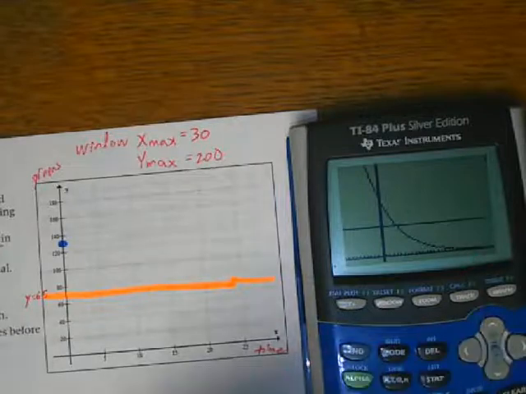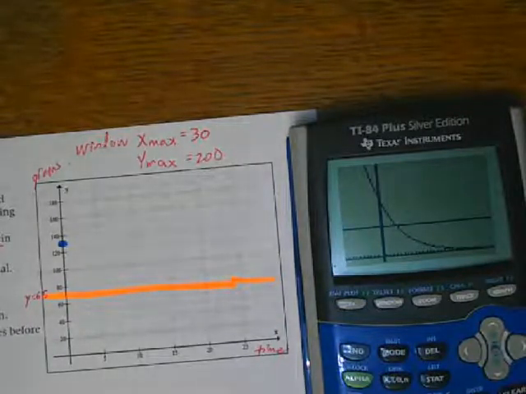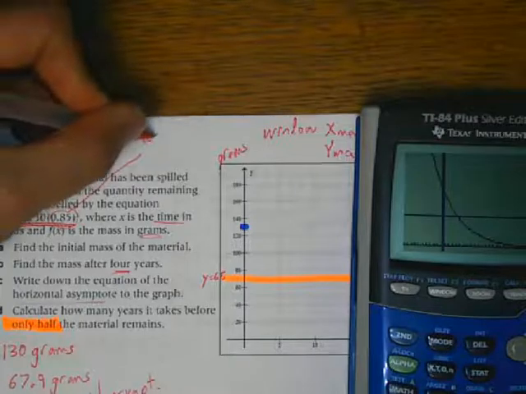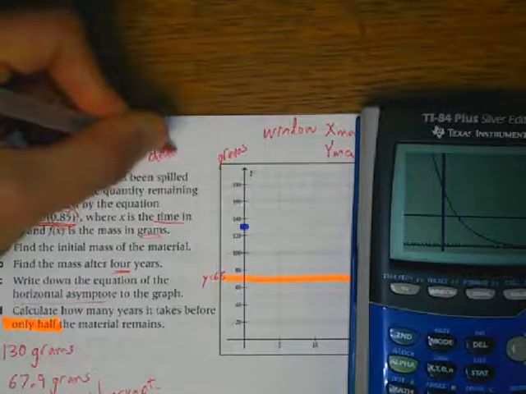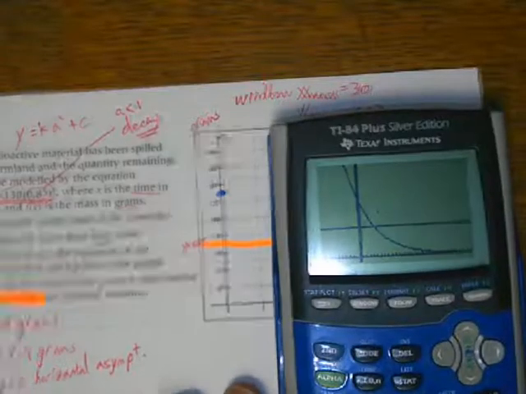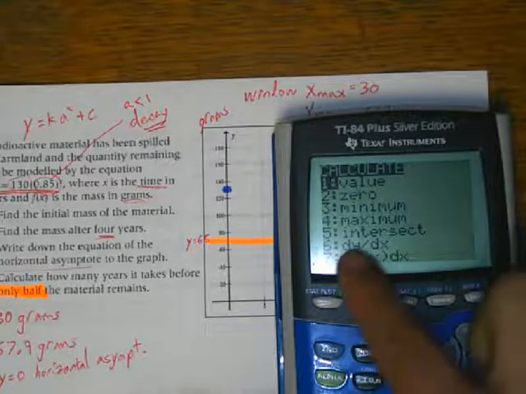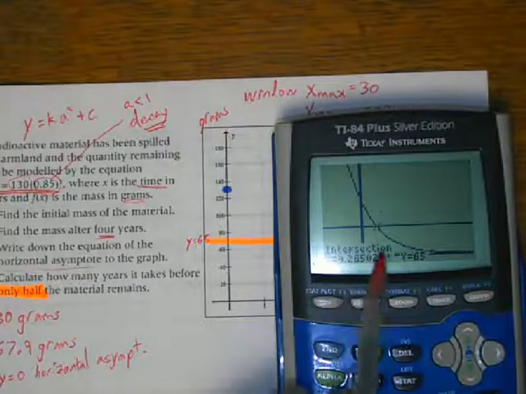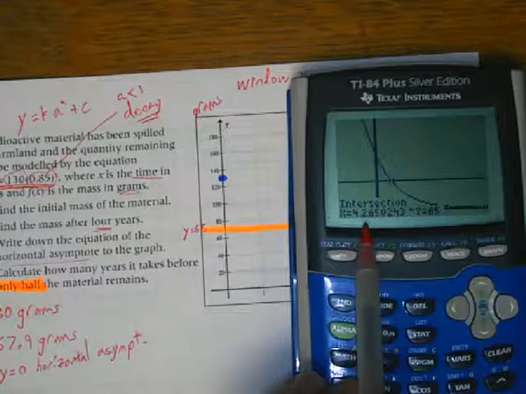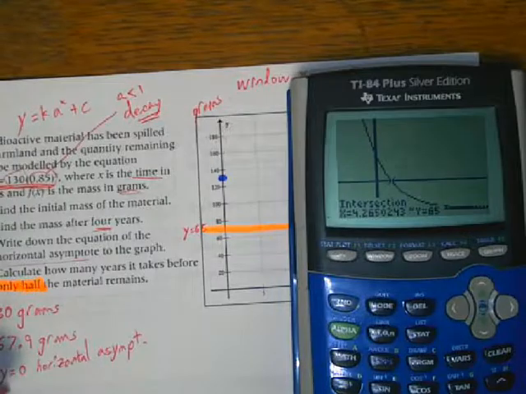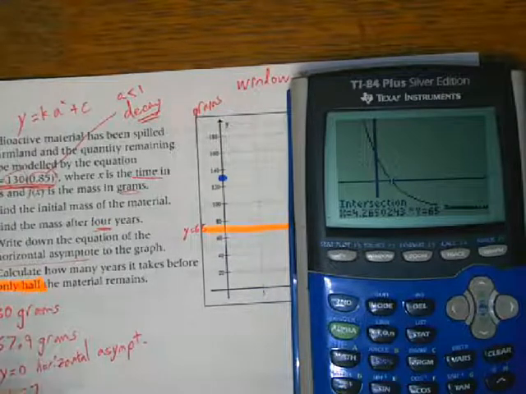And that's because our a value is less than 1. So a is less than 1, it's decay. Okay, so just like the other problems, we hit second trace, 5 for intersect. I hit enter, enter, enter, and then it tells me my intersection is 4.265. So the intersection is going to be 4.27 years.